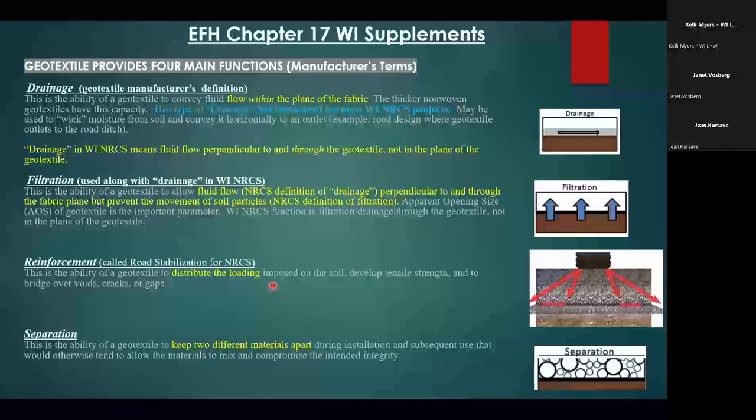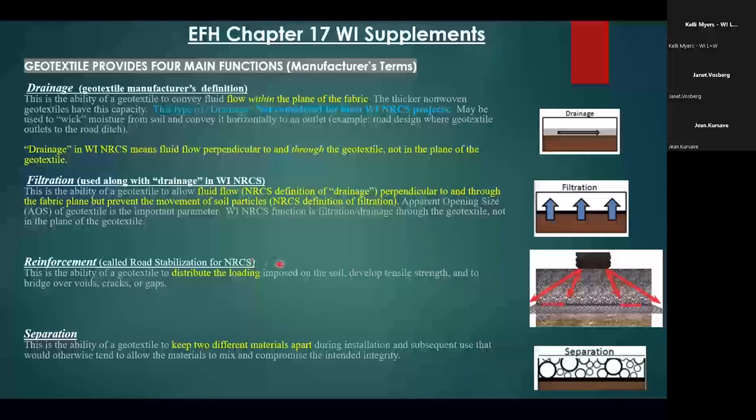Reinforcement to the manufacturers is a couple things. It can be used in roads, but they also use reinforcement for like wall reinforcement, which isn't something we really use geotextile for here at NRCS, at least not in Wisconsin. So reinforcement to us is what we would call road stabilization. And essentially you want a geotextile that is pretty strong so that it can resist wheel loads.